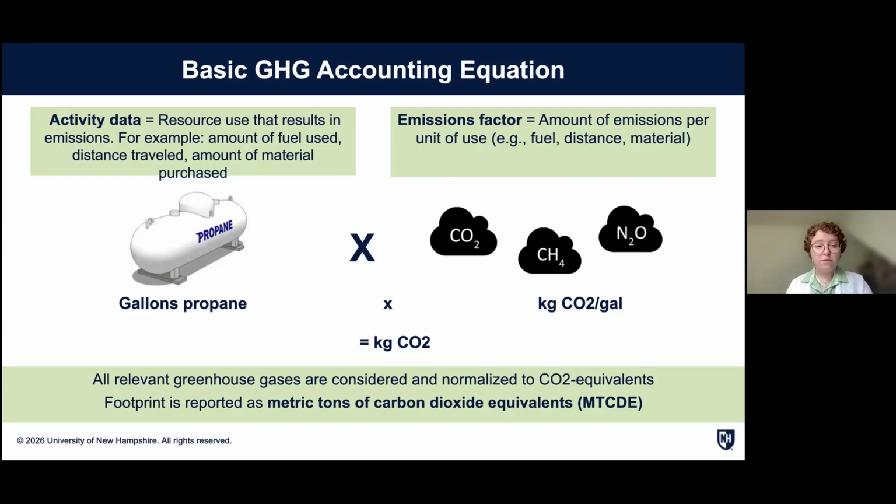In this example, that could be gallons of propane, and we're multiplying that activity data by an emission factor, or the emissions intensity per unit of use of that resource. So in the case of gallons of propane, that's emissions of carbon dioxide per gallon. And we're multiplying that together to get the emissions released from that use. And that applies to not only stationary fuels like propane, but also distance, purchased goods, and we'll get into more examples of that in a few slides.